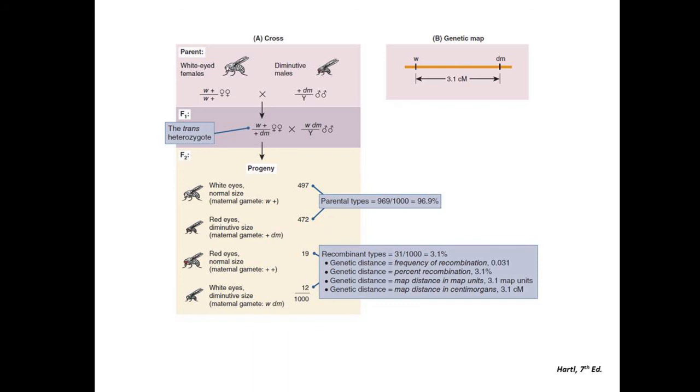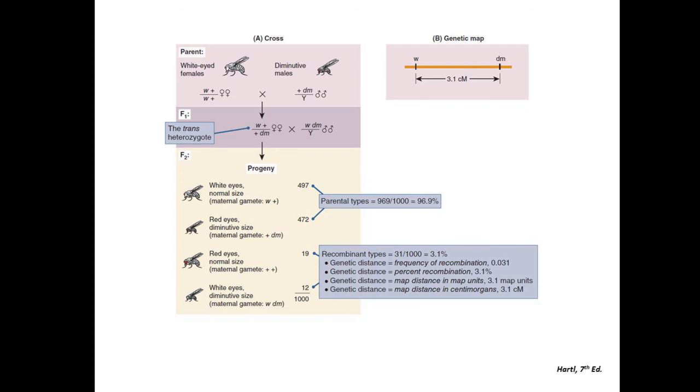So in any experiment, if you see these are the outcomes of recombinant type, you can find out the percentage out of all the progeny. That percentage will tell you what the map unit is exactly. So if the percentage is 3.1, the map unit is 3.1 map units or 3.1 centimorgan.